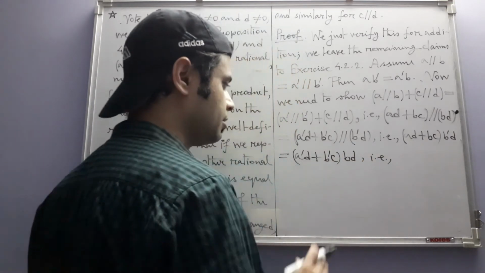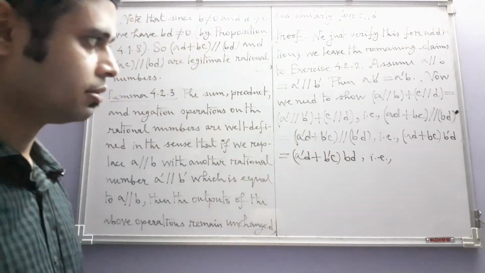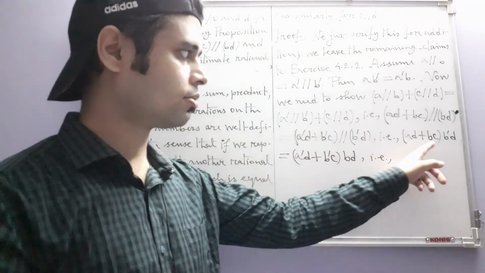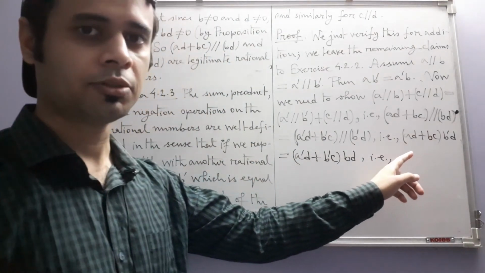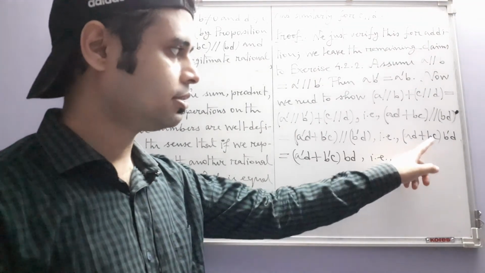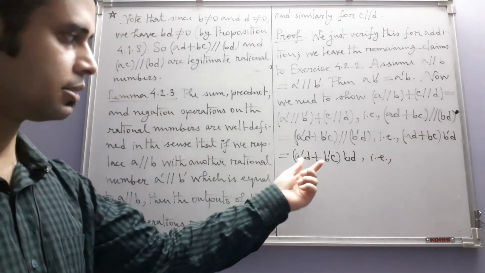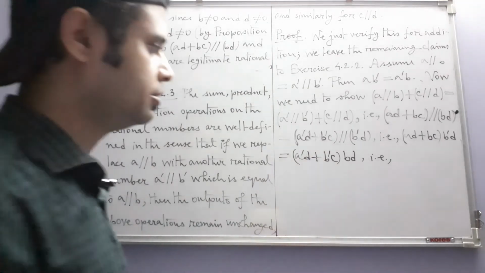Now this is a statement that uses only the elements in the system of integers. It has addition and multiplication of integers, and it has equality of two integers.